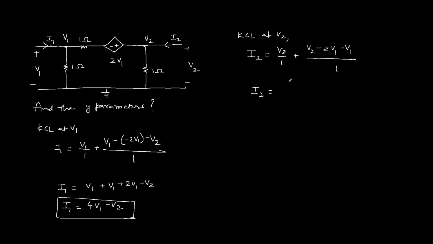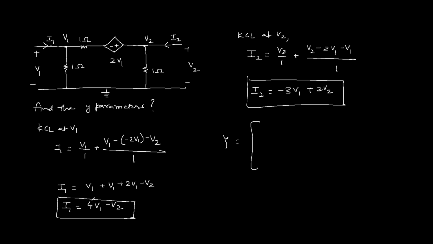So I2 is minus 2V1 minus V1, which is minus 3V1, plus V2 plus V2, which is 2V2. This is the second equation. So I can write the Y matrix directly. Y11 is 4 mho, Y12 is minus 1 mho, Y21 is minus 3 mho, and Y22 is 2 mho.